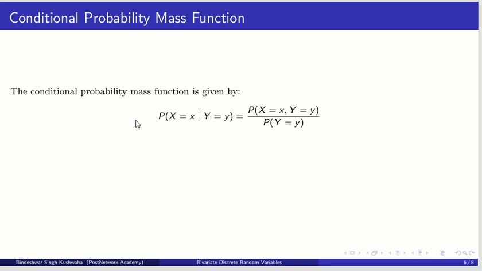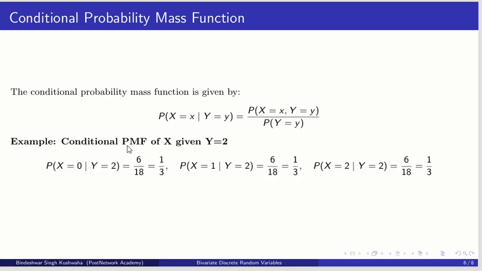Now what is the conditional probability? Conditional probability would be of this form: p(x given y). Suppose that we want to find out p(X=0 given Y=2). What will we do? We'll calculate the conditional probability mass function of X given Y equal to 2.